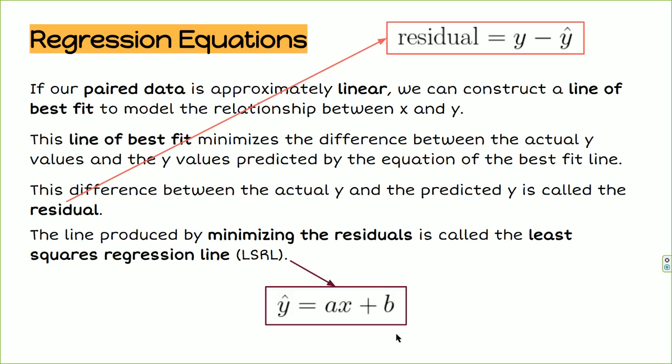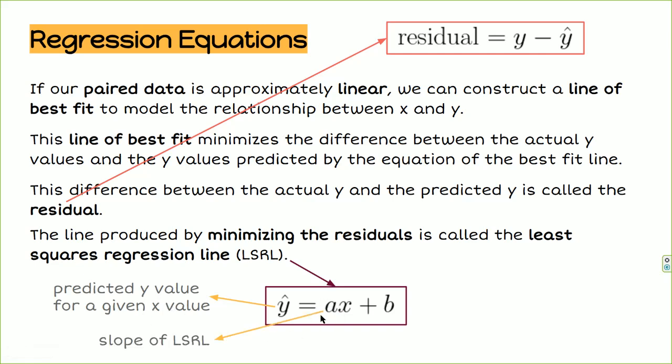And the equation that we get for our least squares regression line is y hat equals ax plus b. And you'll notice that looks kind of like y equals mx plus b, our slope-intercept form. Y hat is the predicted y value for any given input x value.